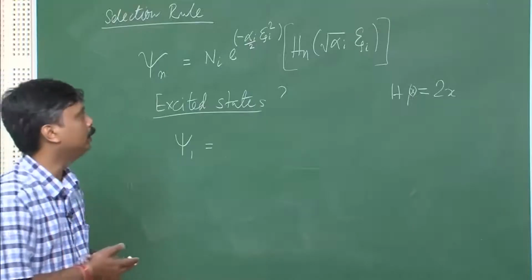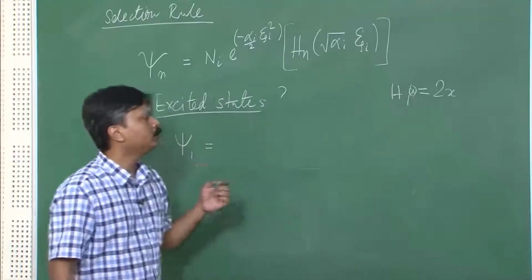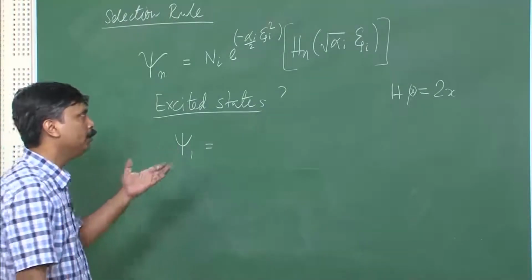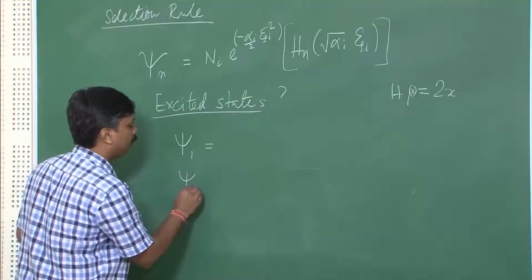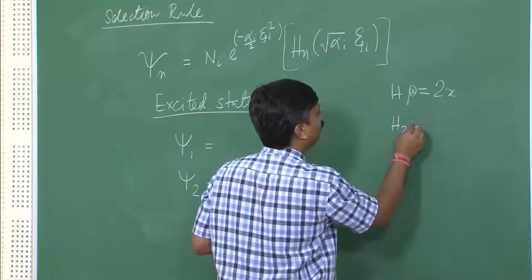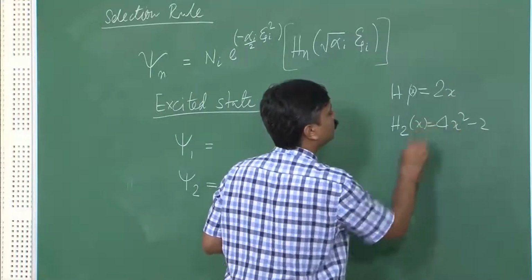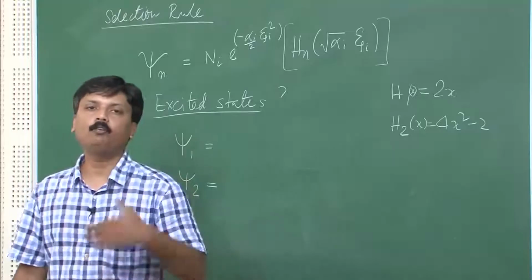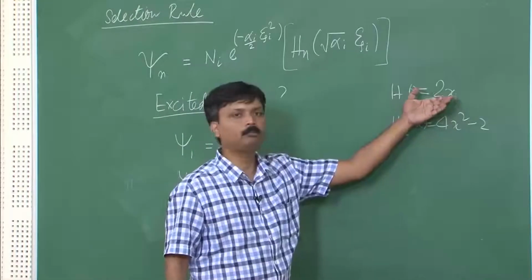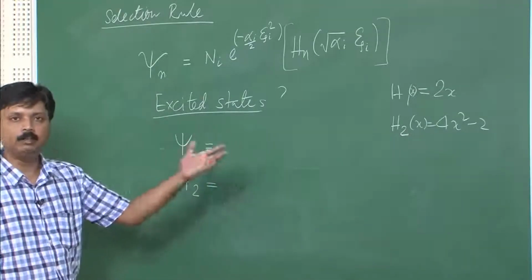If I write in terms of this normal coordinate, I can replace it here. So here it will be an odd symmetry. Now, similarly I can find out about psi 2. Psi 2 again will have contribution coming from H2, so this is again an even function. So, the nature of the wave function at the excited state will be governed by the symmetry of this normal coordinate. So, either I will find an odd function or an even function.